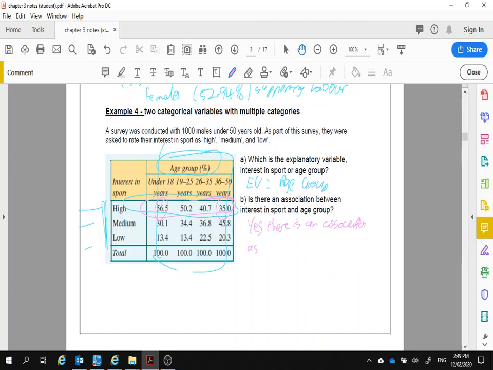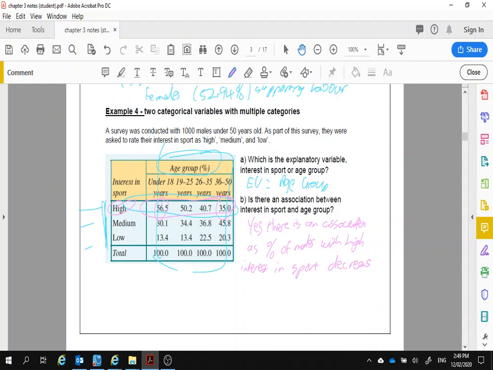The percentage of males, and it is males that we're talking about here, with a high interest in sport, because that's what we're looking at, just that row, the high interest in sport, and what's happening? It's decreasing.